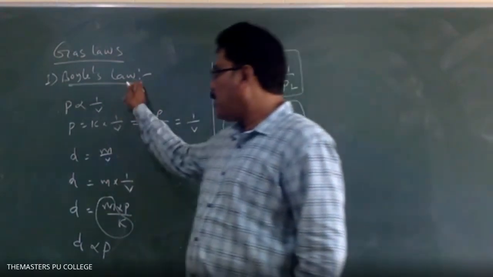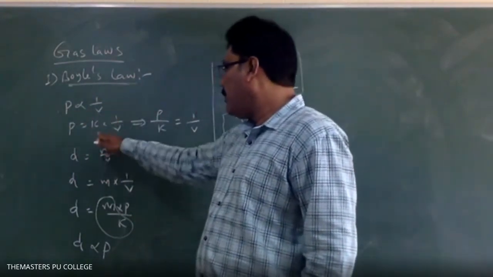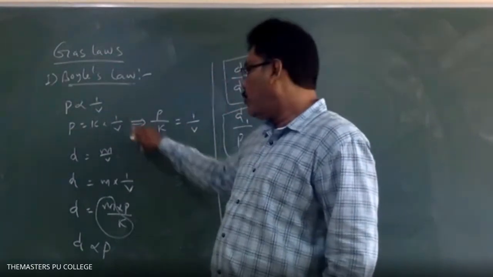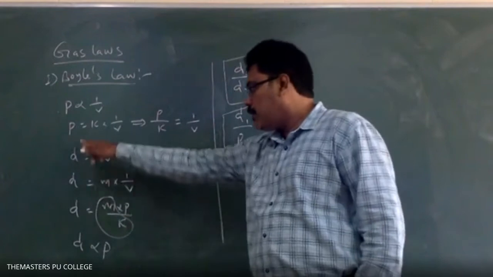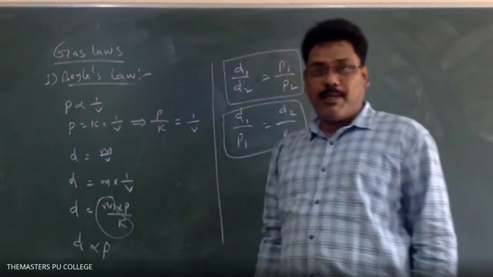According to Boyle's law, P is proportional to 1 by V, P is equal to K into 1 by V, from that V by K equal to 1 by V. Next here you write the statement on compressing.